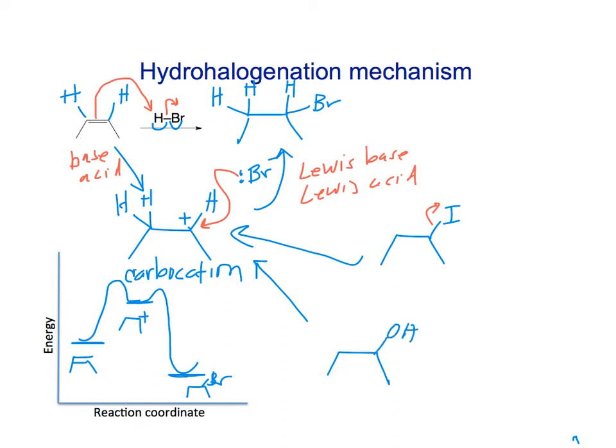If we react the secondary alcohol with HBr, right, we know that it would protonate the alcohol to form a water molecule that could leave to form the carbocation. So once we form the carbocation, it can do all the things that we've seen before. It doesn't matter whether it comes from the alkene, from the alcohol, or the alkyl halide.